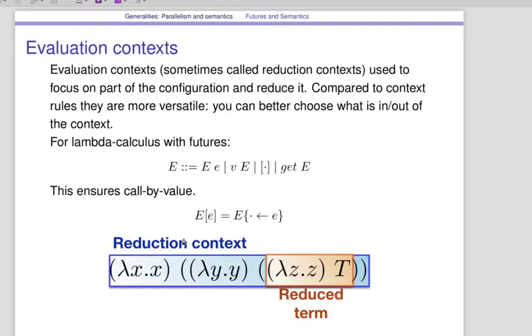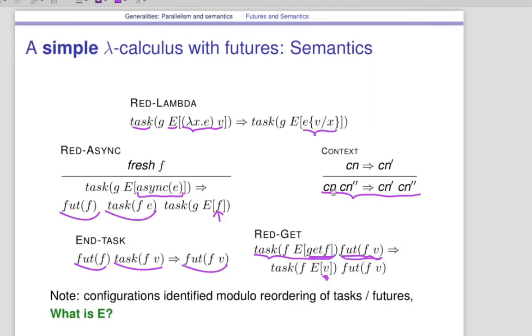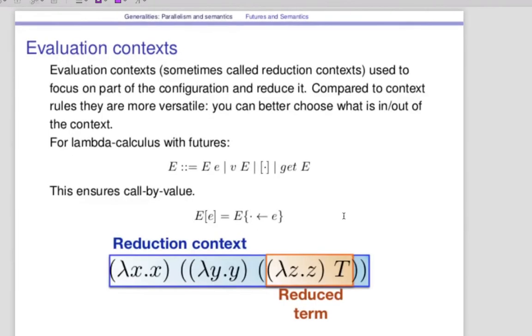And it gives a lot of control on which part of the configuration can be put aside and where the reduction can appear. So if you compare it, for example, to context rules on the previous slide, the context rule was working well for just putting aside futures and tasks, but putting aside part of the terms, it wouldn't be very convenient in our context.